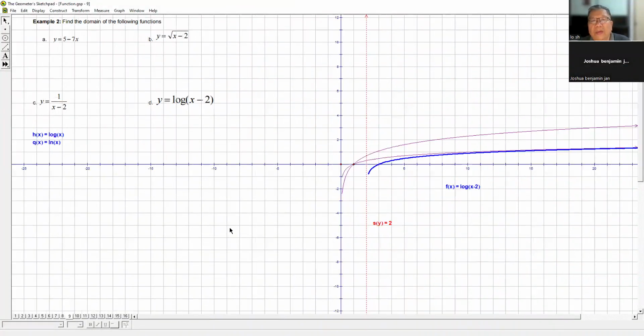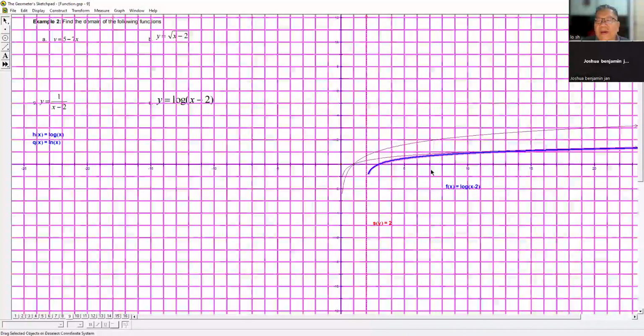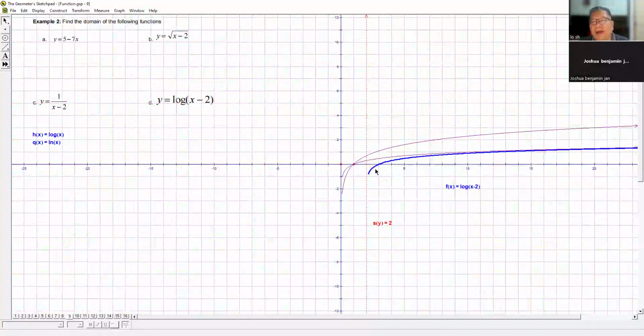Then we look at this graph, y equals log of x minus 2. This line is the thick blue line here. Now you see that again there's an asymptote here. The asymptote is x equals 2. The reason is that the logarithm is only defined for positive numbers.